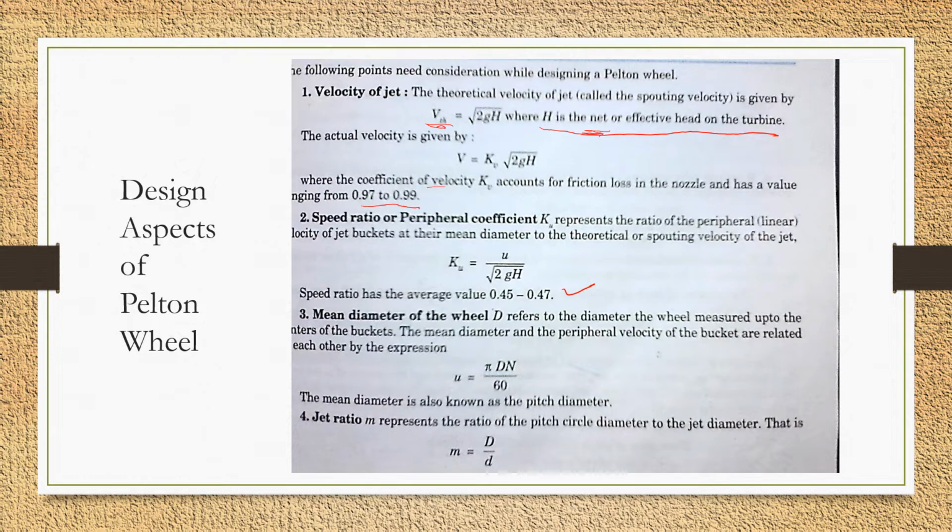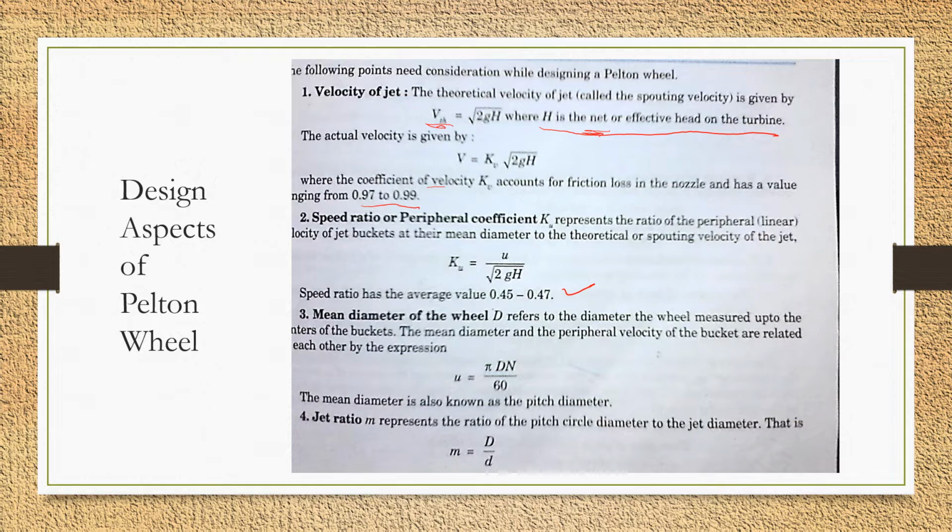The mean diameter of the wheel or wheel diameter can be found by using the equation u equal to pi DN by 60. The mean diameter is also called the pitch diameter. It is also called the runner diameter. So this can be capital D. To find the small d, the jet ratio is used.